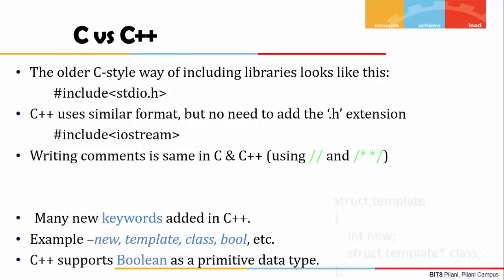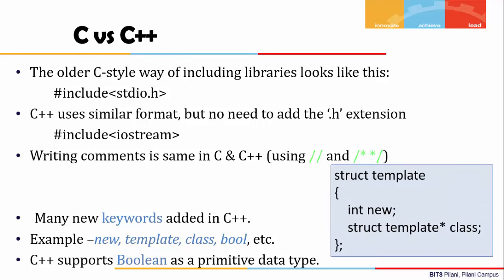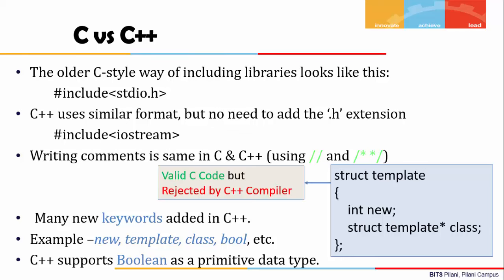So if we see this example, struct template, int new, struct template is pointed to class. So template, new and class, these words are identified as keywords in C++, but they are not identified in C. So this is valid C code, but it is invalid C++ code.